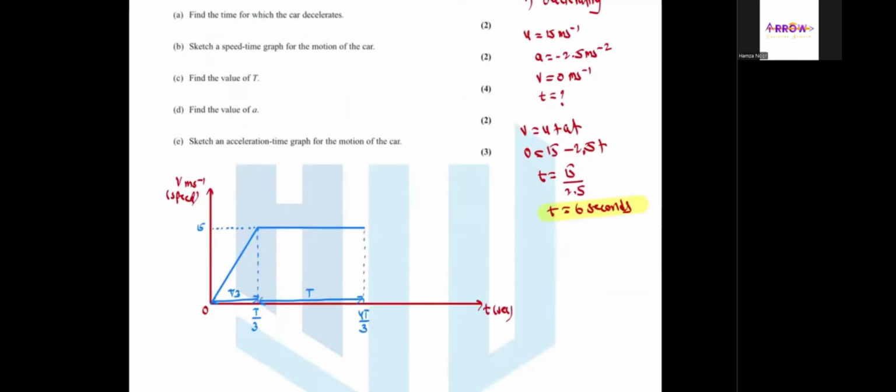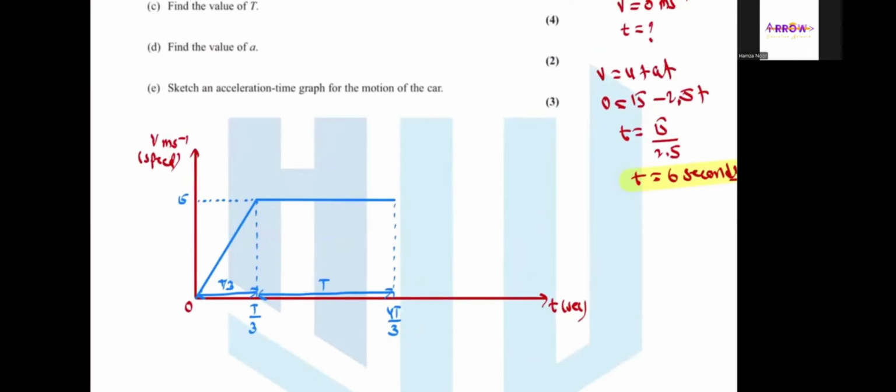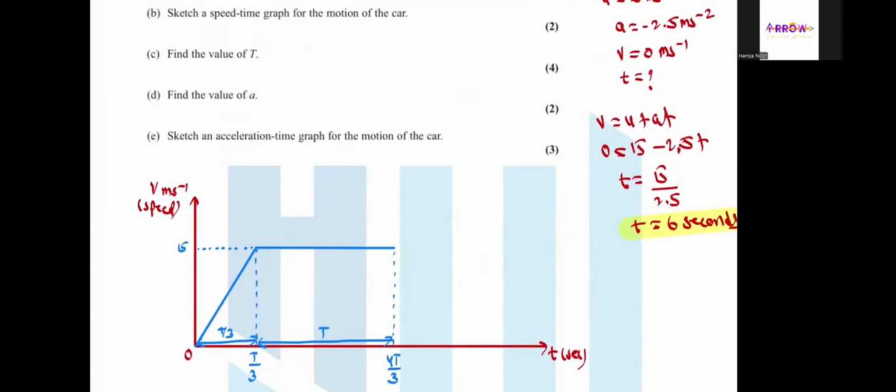Okay, so here I'm making a steeper line, and then in part C you would be able to verify that the duration of the deceleration journey is very little, just 6 seconds, as compared to this value t over 3, which we are going to obtain by finding the value of t in part C. Okay, so the last stage is just 6 seconds and the line would be steeper as compared to the upward sloping line which we made.